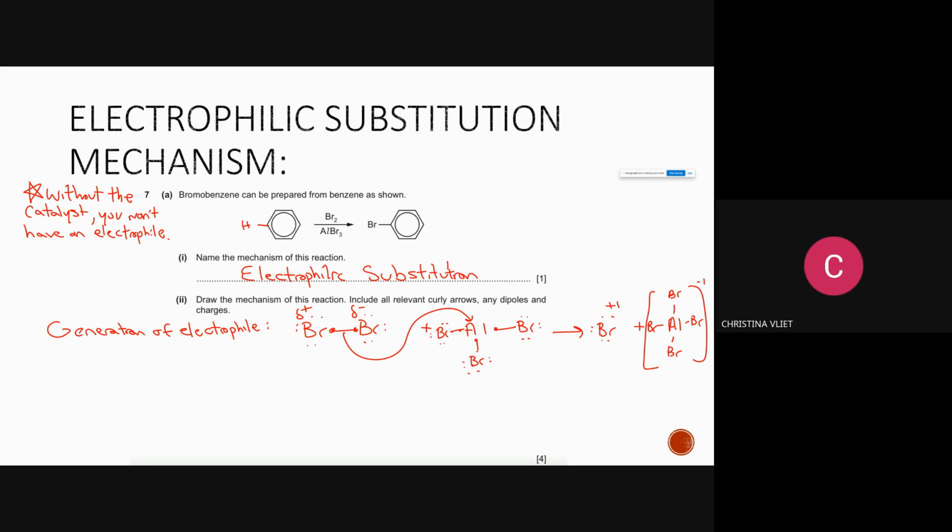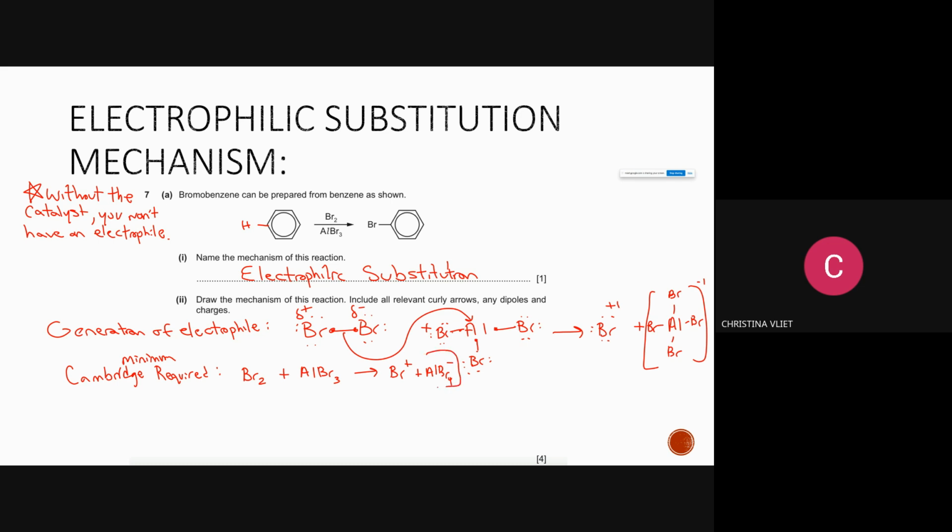So I'm going to give you what Cambridge requires you to know. Cambridge requires you to write like this. Cambridge minimum required, like to get the mark. So for Cambridge, what you would have to do is Br2 plus AlBr3 goes to Br plus AlBr4 minus.